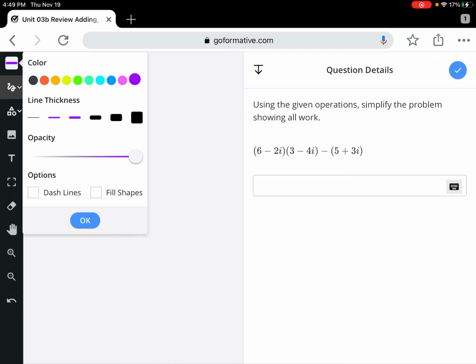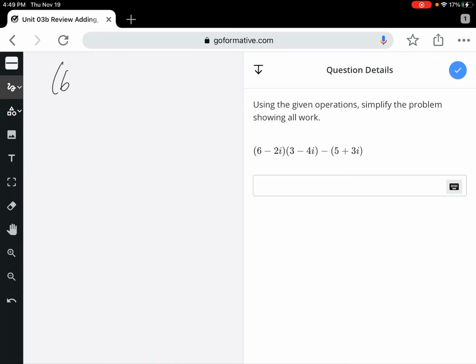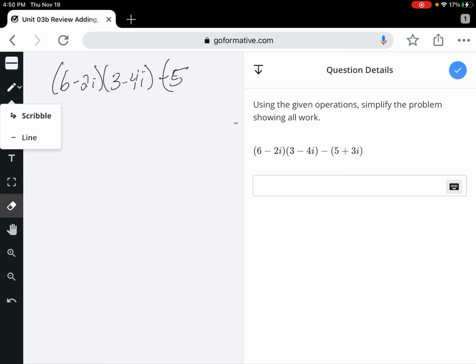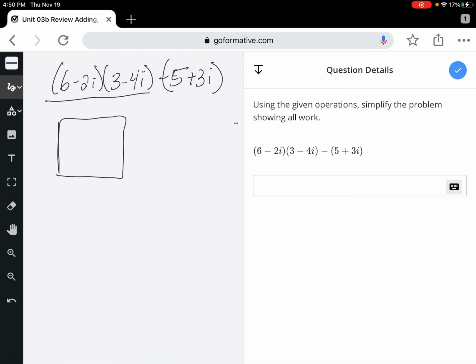Okay, last problem. Again, it's multiplication. So I'm going to do a box. You have your 6 minus 2i times 3 minus 4i, minus 5 plus 3i. So I'm just going to separate this. I'm going to do the multiplication in the box right here.